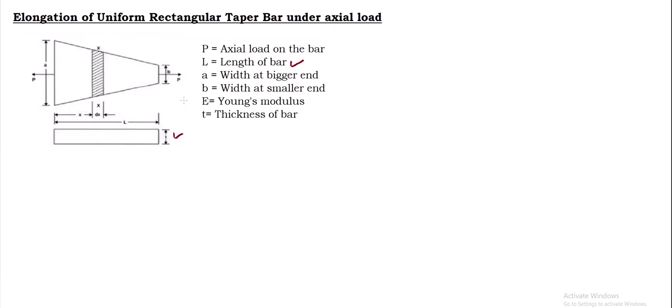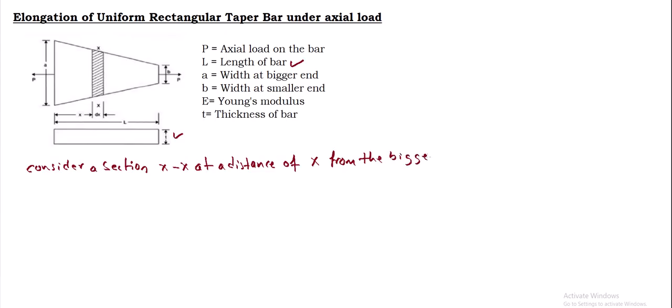So now I will consider a section XX at a distance of X from the bigger end, that is face A of the rectangular bar.